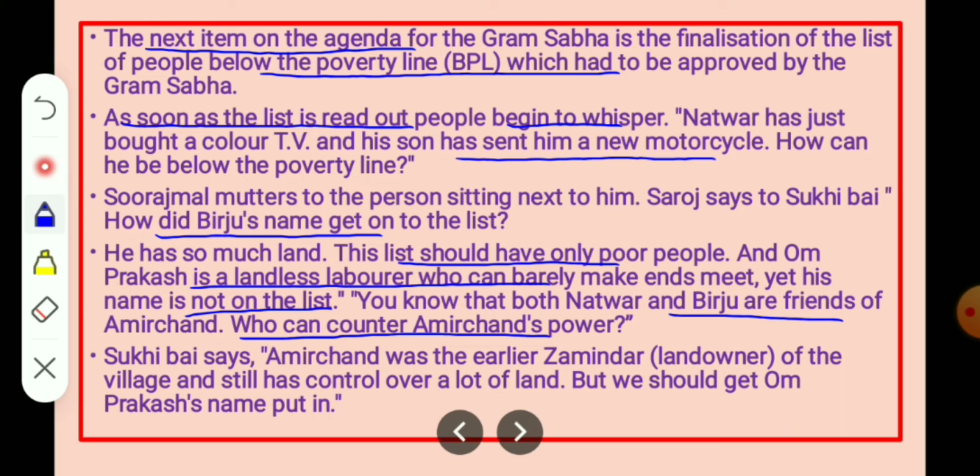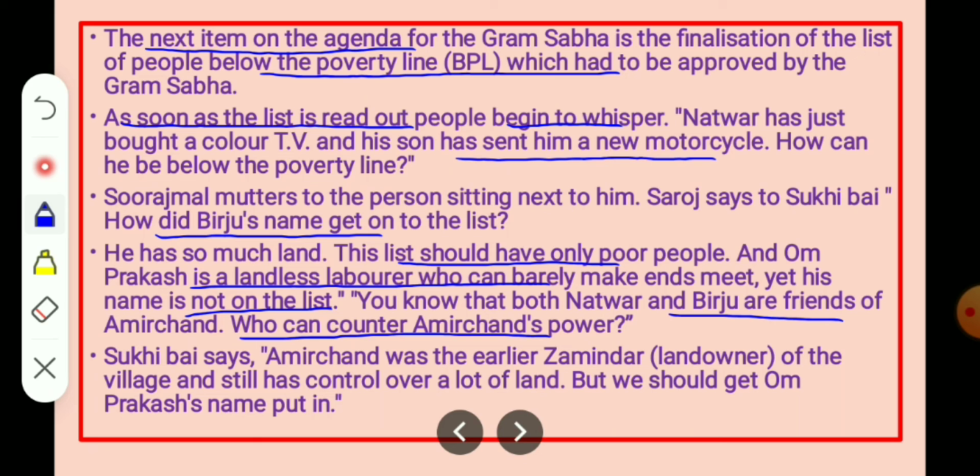And people were talking that in the BPL list there should be only people who are poor. And Om Prakash is a landless labourer who can barely fulfill his needs, yet his name was not there in the BPL list. And some people were saying, you know that both Natwar and Birju are in the BPL list because they are friends of Amir Chand and no one can question Amir Chand's power.